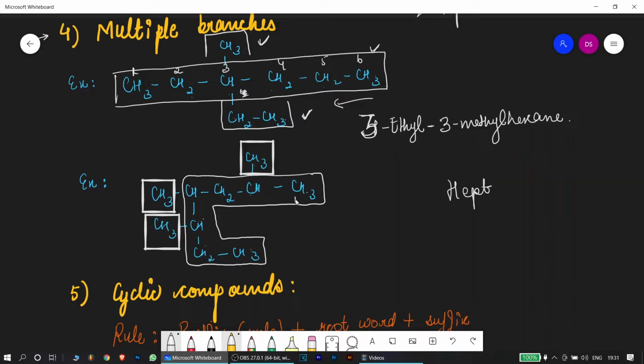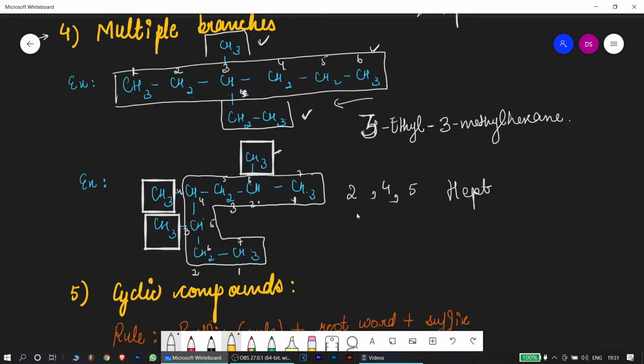So suppose we start from here. 1, 2, 3, 4, 5, 6 and 7. Then the branch gets position number 2. This group is getting position number 2. Then the other one is getting 4. Then the other one is getting 5. Now if we start numbering from here, 1, 2, 3, 4, 5, 6, 7.